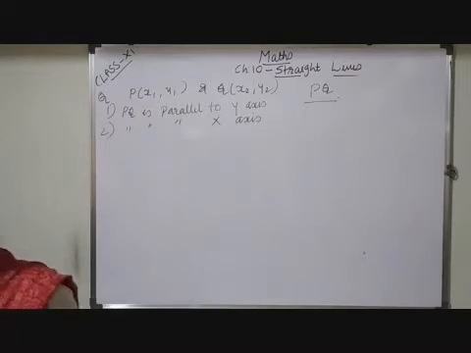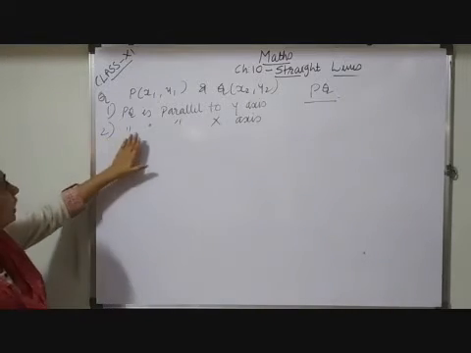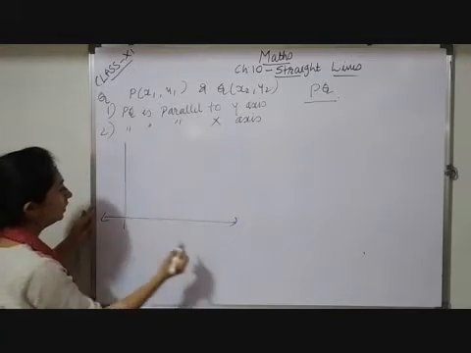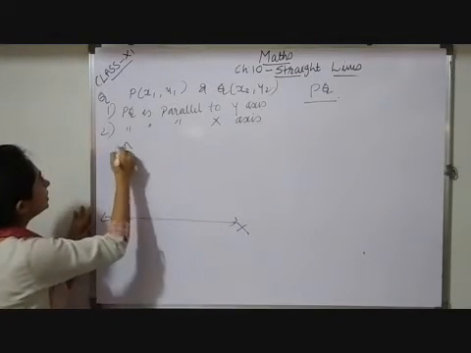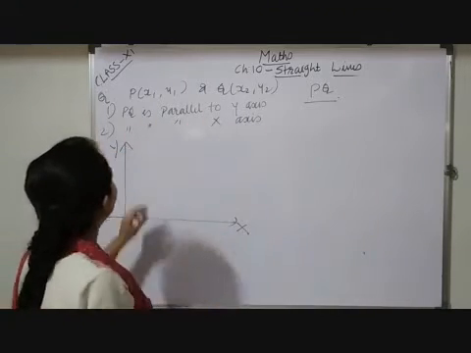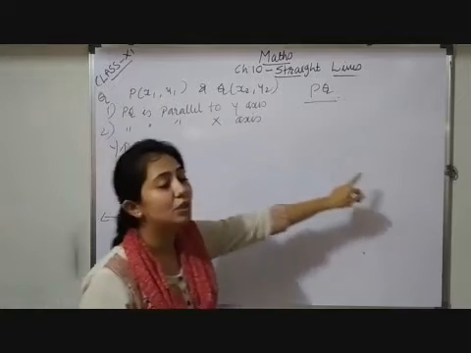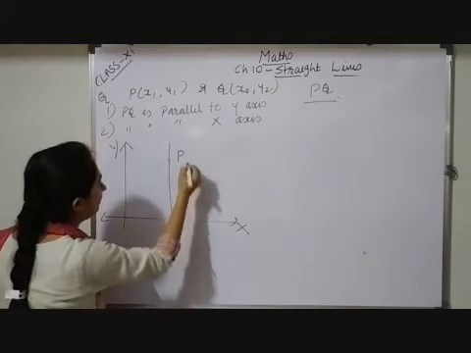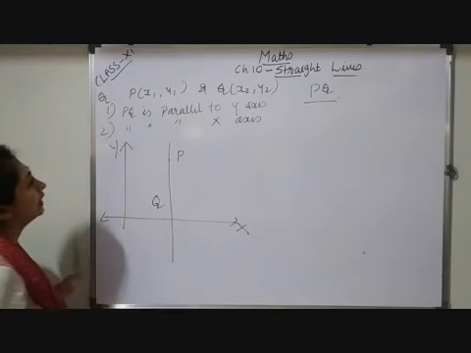Now what should I do here to find out PQ? Observe here, this is your x-axis, this is your y-axis. Somewhere I have the points P and Q. Now this PQ is parallel to the y-axis, so point P will be here and Q will be here.